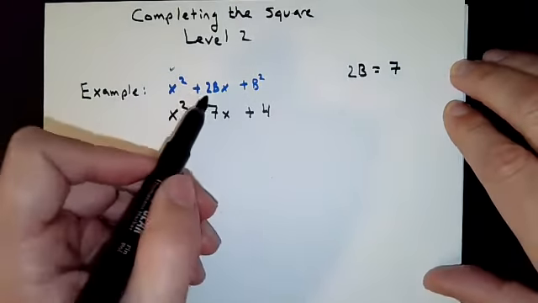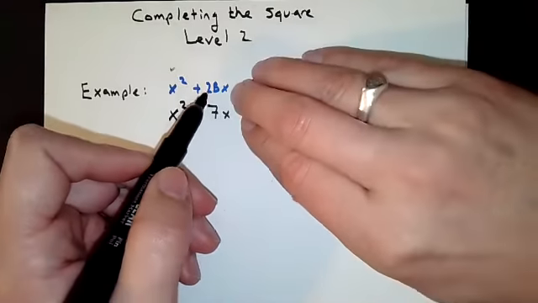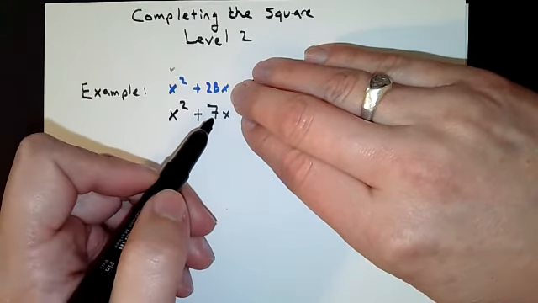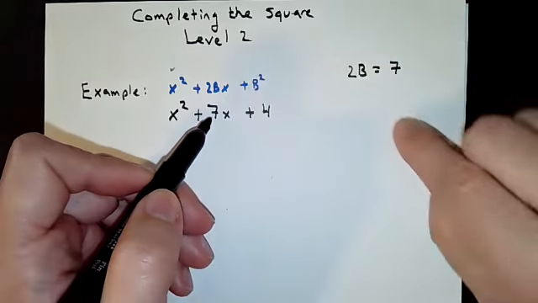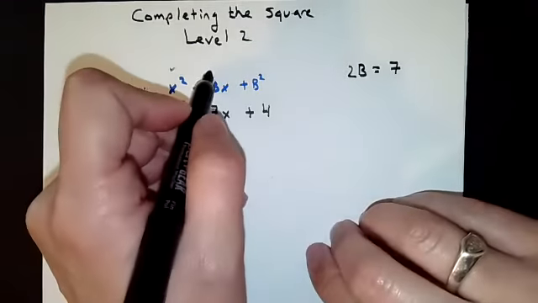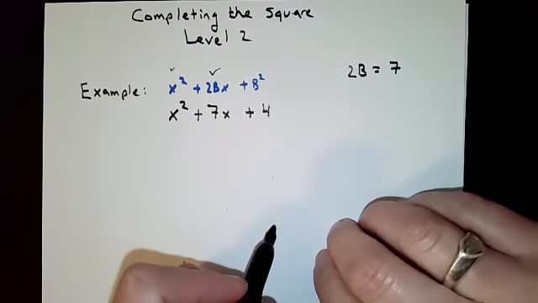So now, looking at the pattern, 2b times x is what we need. 2b times x is what we have because 7 is the same as 2 times b. So we match. 2 out of 3.